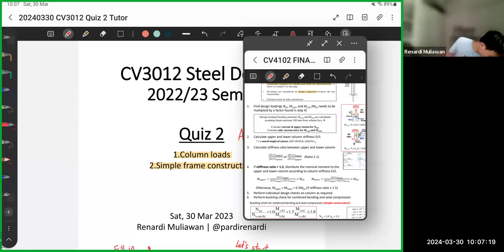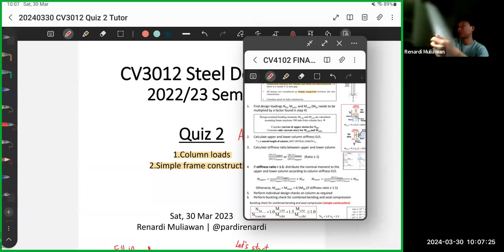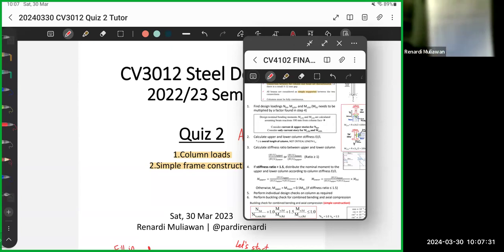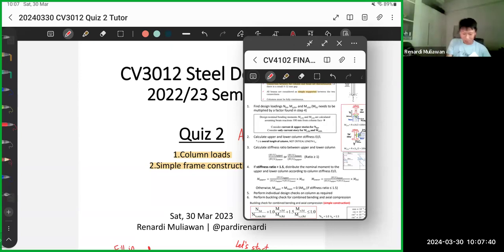Let me see if I have it. It's basically this book, it gives you all the section properties. So you need to bring this table into the quiz too. The pages to print I've sent in the group already.